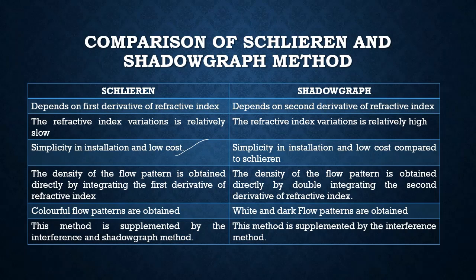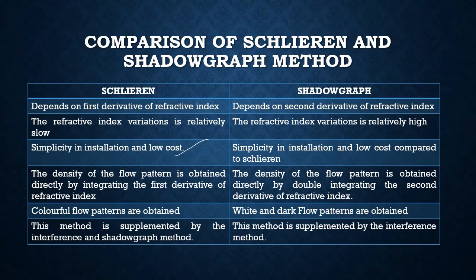And it is low cost. The shadowgraph method is also low cost compared to Schlieren. So in Schlieren you are using two lenses or two parabolic lenses, right? But in shadowgraph you are going to use only one lens, right? So that is the major advantage of the shadowgraph technique.